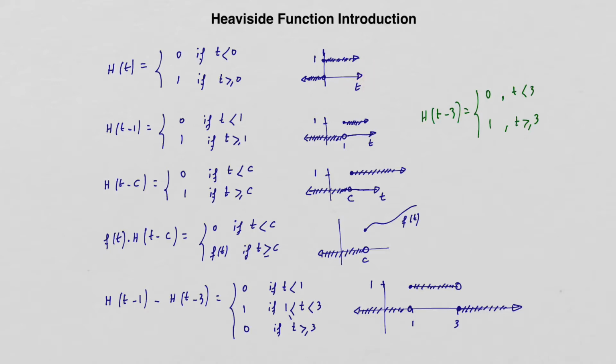So if I have h of t minus 1, it just means you're going to shift this to the right by 1, as you learned from transformations in some basic pre-calc course. When you shift this to the right, the values are not going to change, because you just shifted. So instead of making the switch at 0, you make the switch at 1.